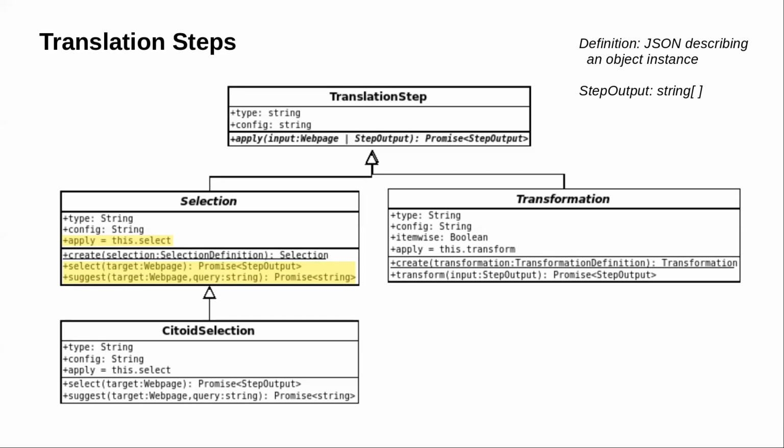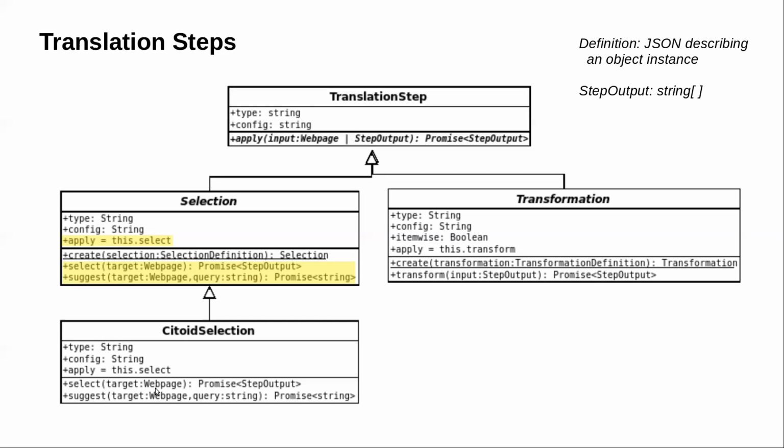We will not request the Citoid response for a web page if there is not a Citoid selection step that is requesting it. So it is a promise, because if we have, for example, a Citoid selection, we check the web page. If we don't have a cache for the Citoid yet, then we go and get it. And that's why we need a promise, because that might take some time.